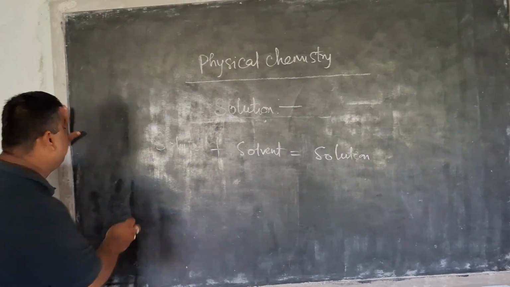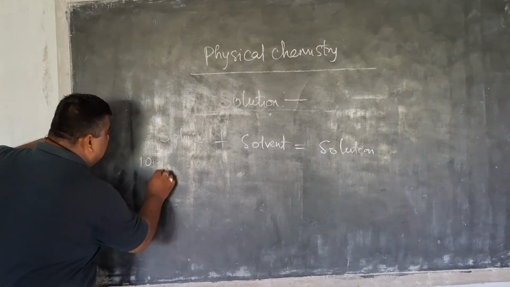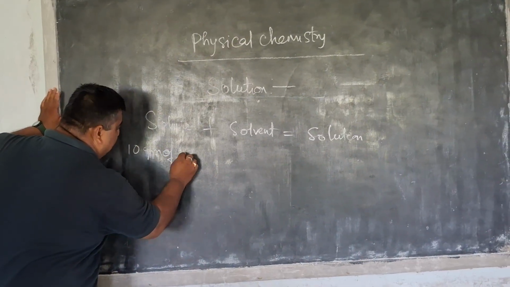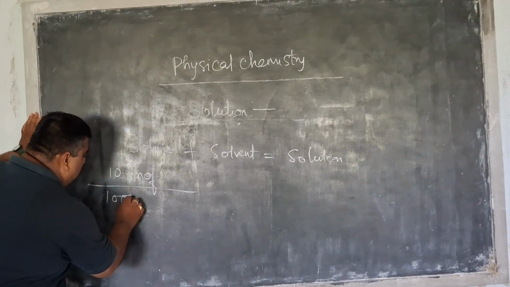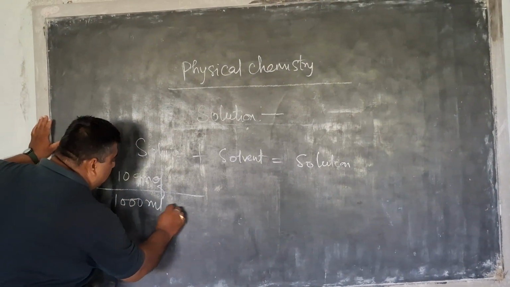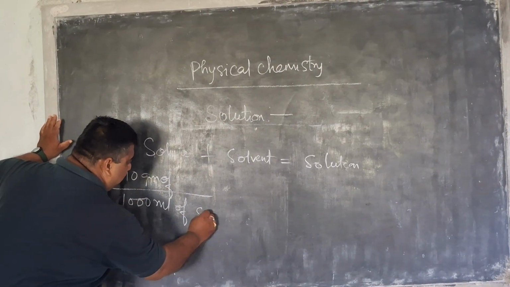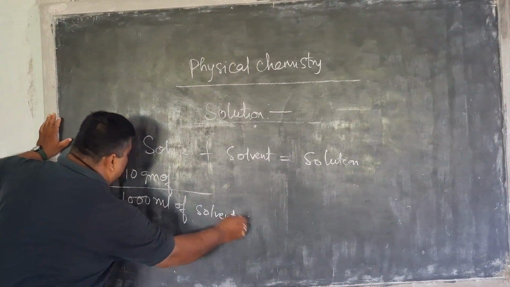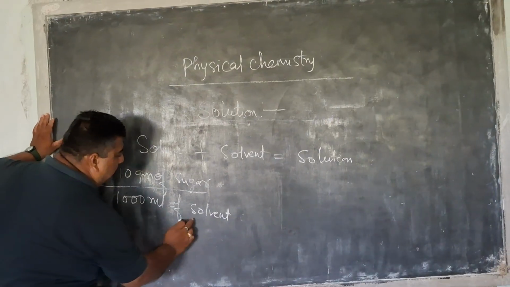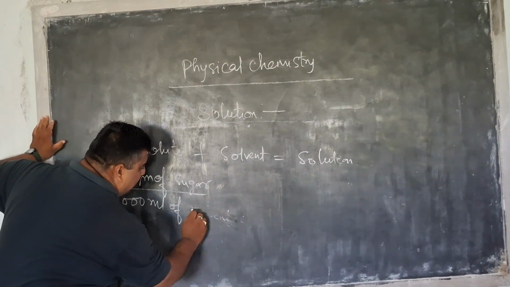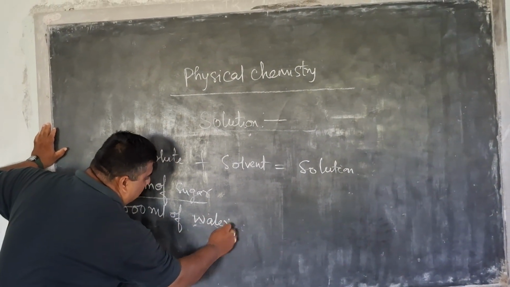Initially I have dissolved what? 10 gram of sugar, that is solute, in 1 liter, or we can say 1000 ml, of solvent, or you can also write water.